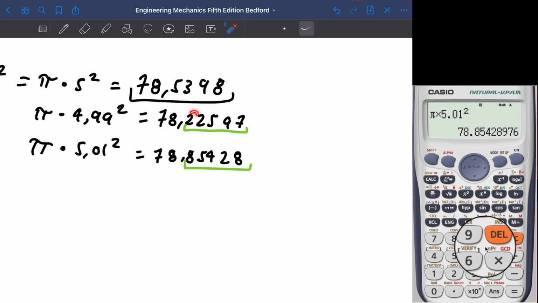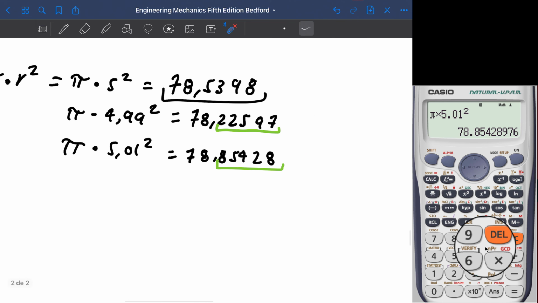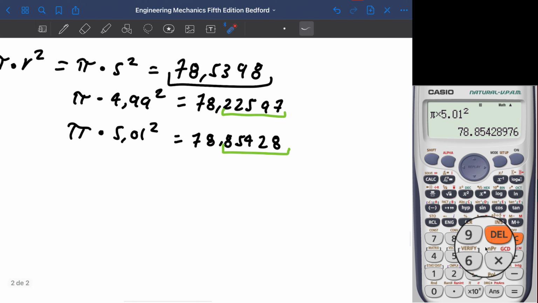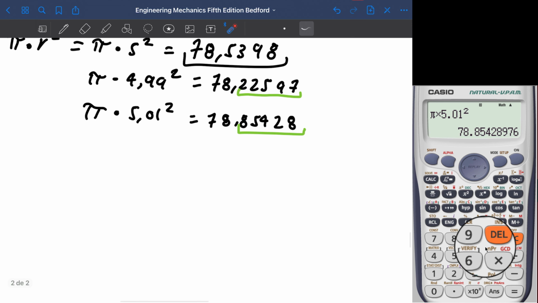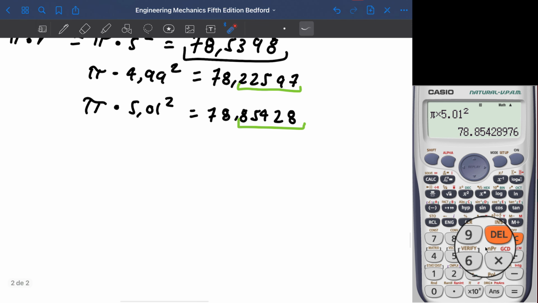And if I round this one, because I have a 2 right here, I have to keep the 2, so it is equal to 78.2. I cannot round off these two numbers so that they get to the same number.